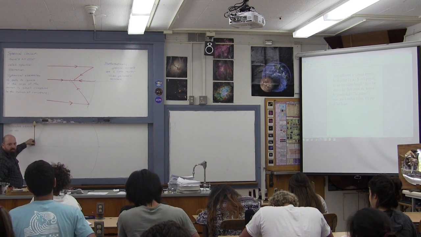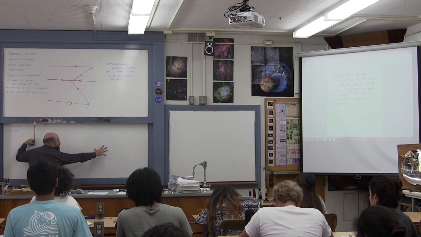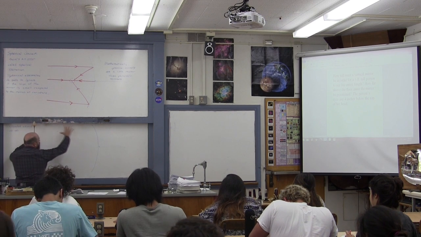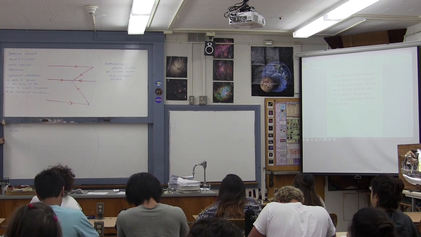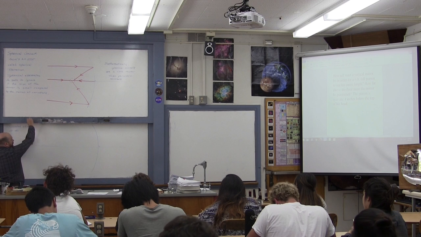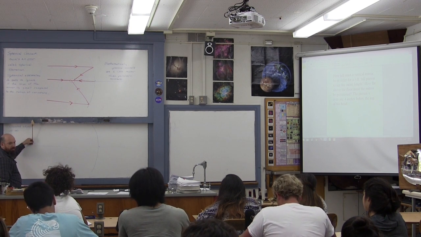And then what we do is we just look at light rays coming off the tip of the arrow and then striking the mirror. Now when these light rays come off the tip of the arrow and strike the mirror, if I move the arrow further and further away from the mirror, eventually to infinity, the light rays coming off the tip of the arrow become more and more parallel to each other.